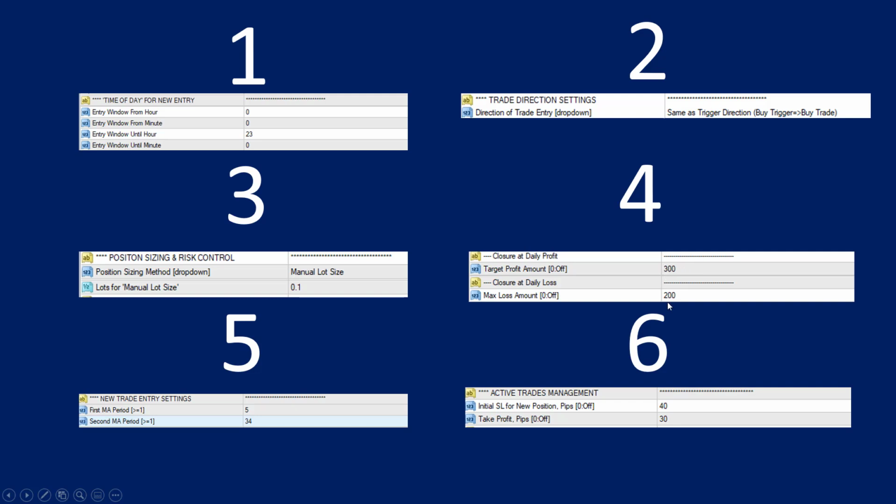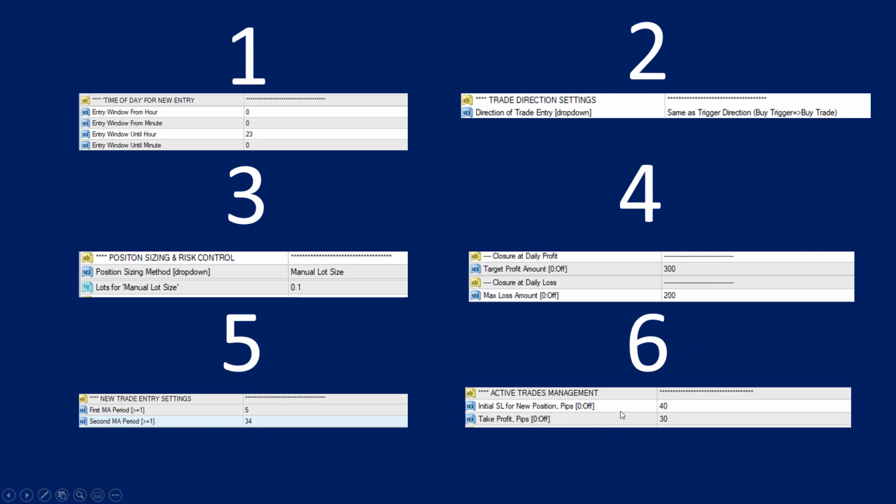And also the amounts. If the amounts are too big or too small, you're going to mess your results up. Then the moving average settings, there they are. Sometimes they can be too sensitive and sometimes they can be too loose. We can adjust those.